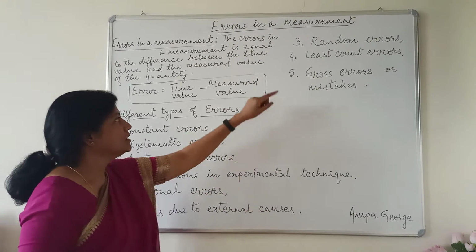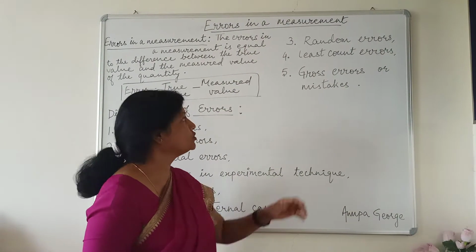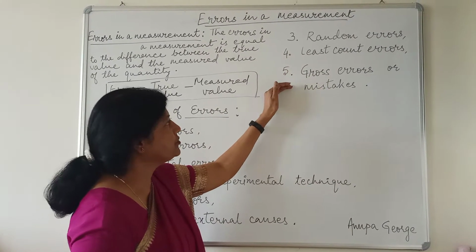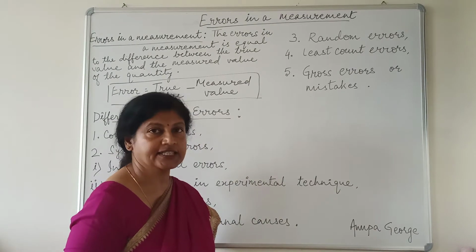Third type of error is random errors. Fourth one, least count errors. And fifth one is gross errors or mistakes.